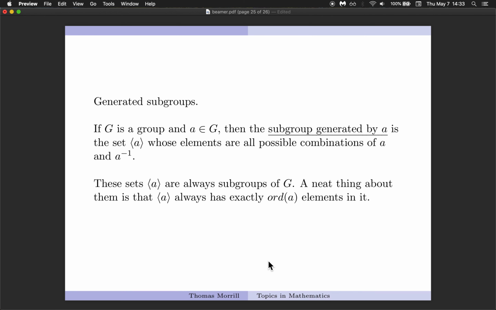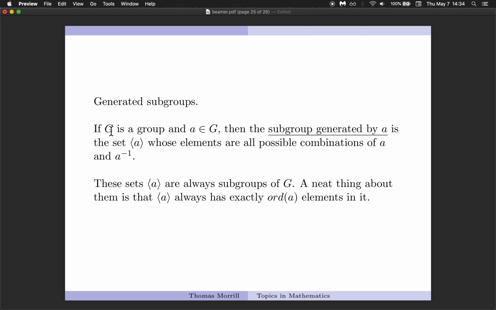At the beginning of this lecture, I talked about cyclic groups, and I said that brackets A is a cyclic group. In general, this will work for any possible group.